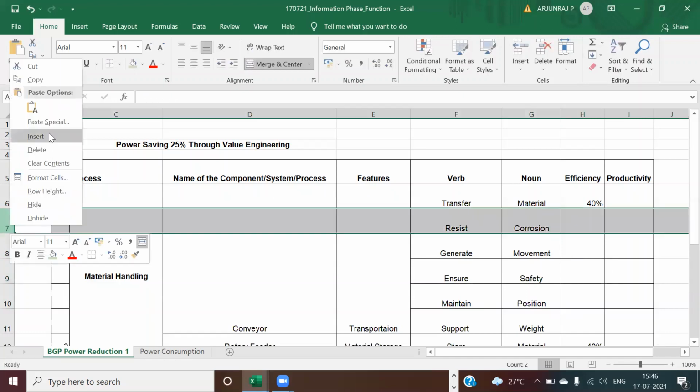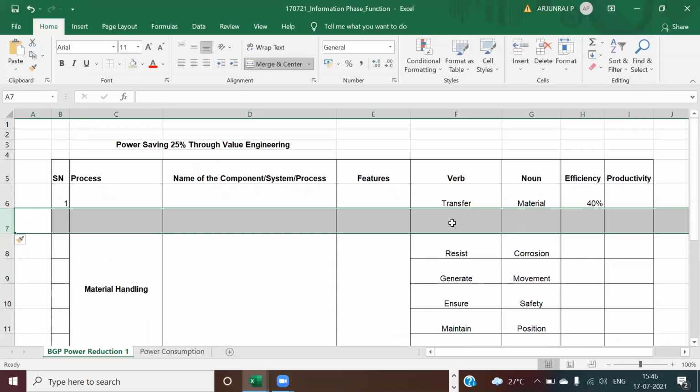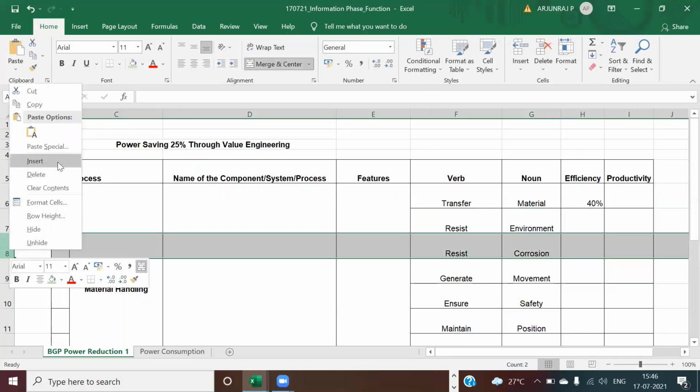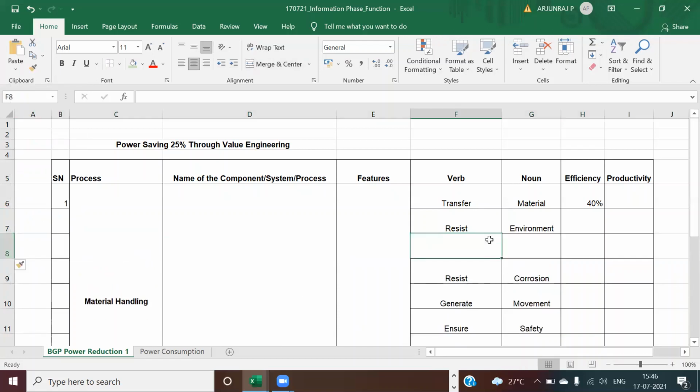You can just tell me whether it is required or not. What about resist environment? It should operate in different environmental conditions. And what about the aesthetic point of view? Whether aesthetics is required for this? No, sir. Aesthetics probably will not be required.